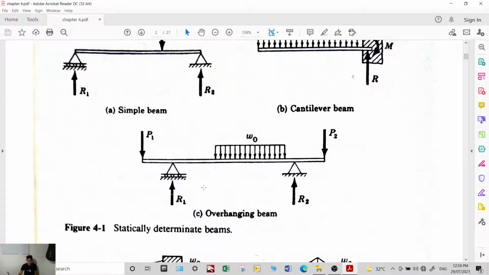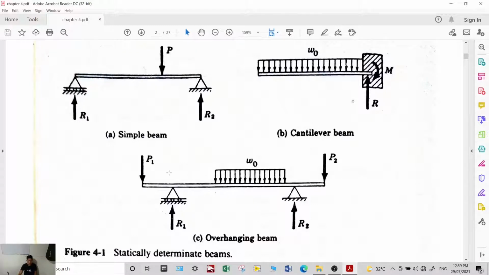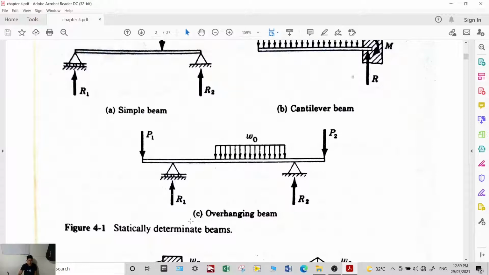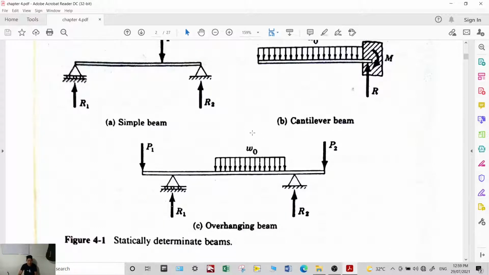This one is an overhanging beam. These are statically determinate because you can solve the forces using statics.